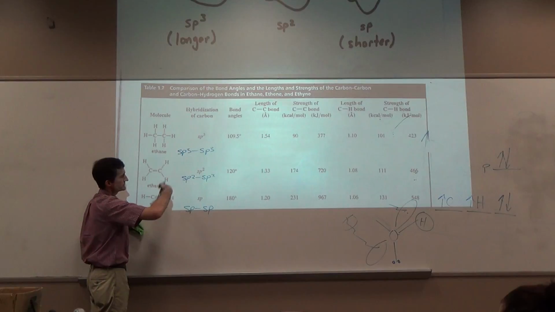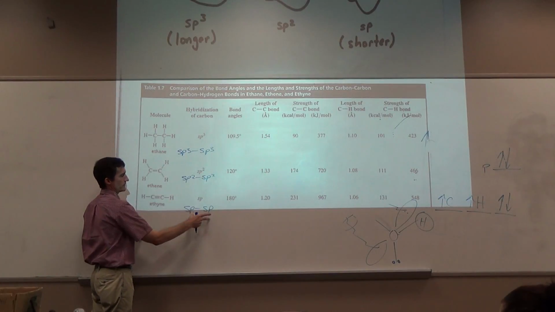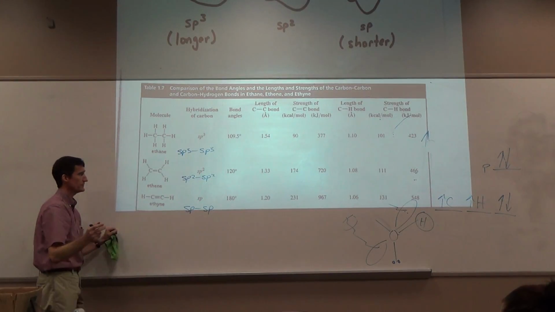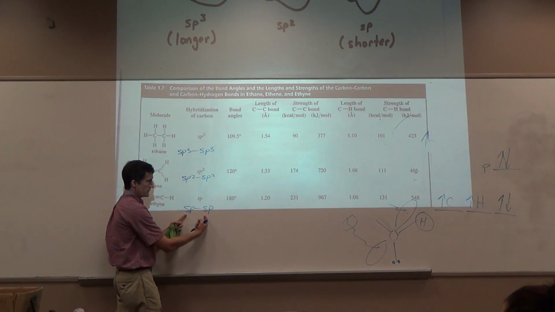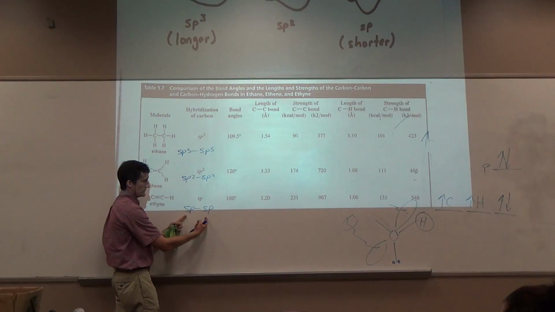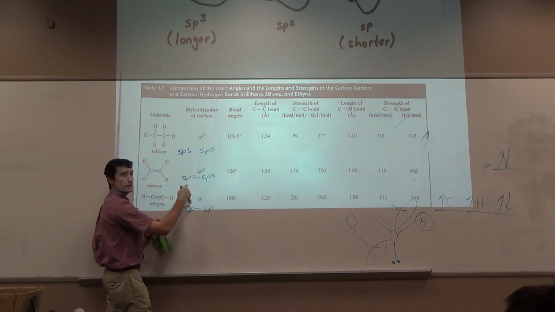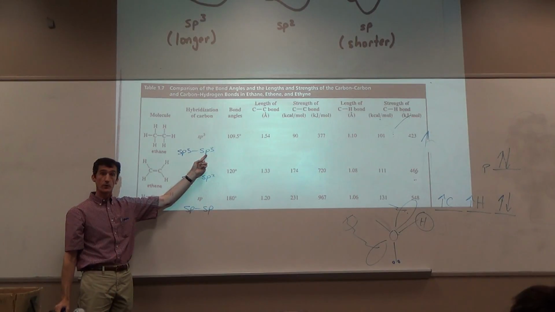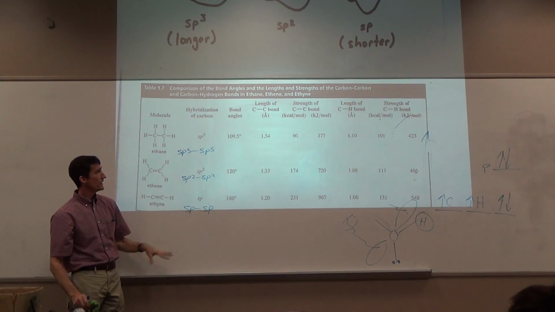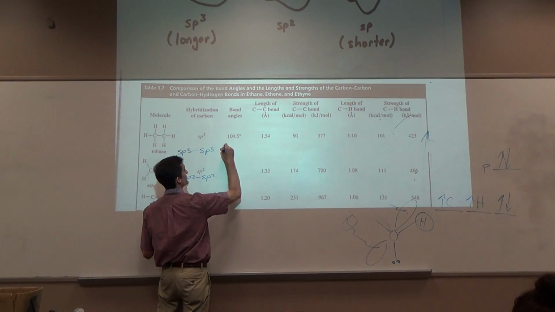Now in this particular setup, both are the same. Doesn't have to be. What do we know about these orbital sizes? Which is a longer orbital, sp or sp3? sp3 is a longer orbital because it has more p character. Basically, you talk about s character here. This is what? 25% s?